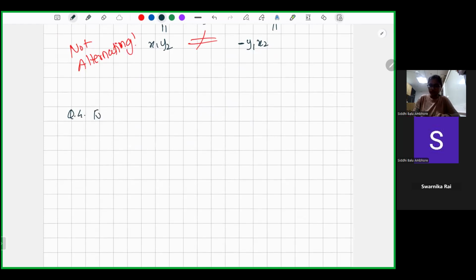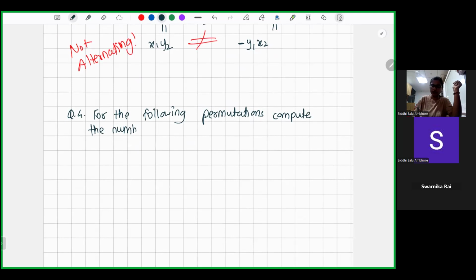For the following permutations, compute the number of inversions. I will recall what inversion is, and the signature.